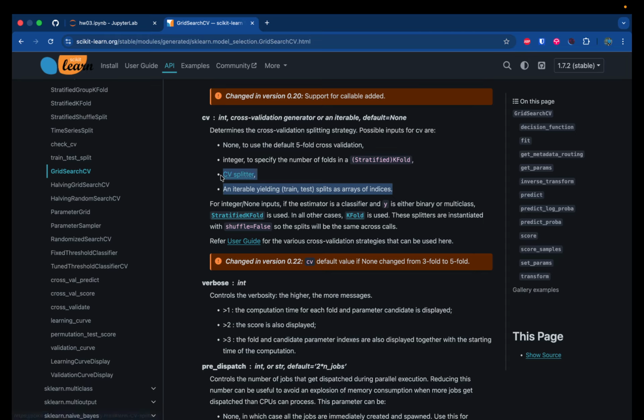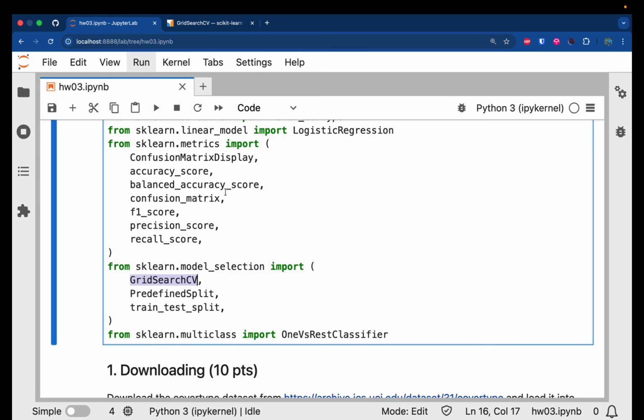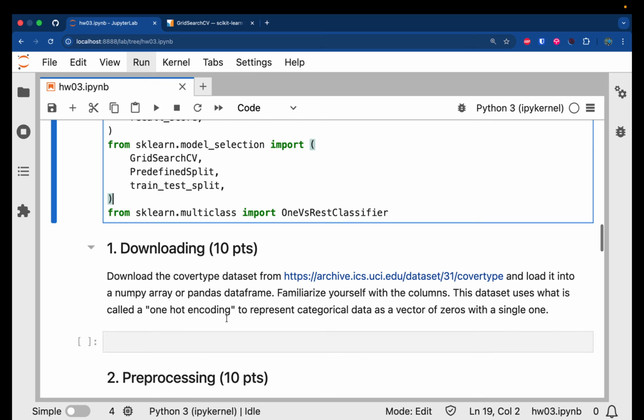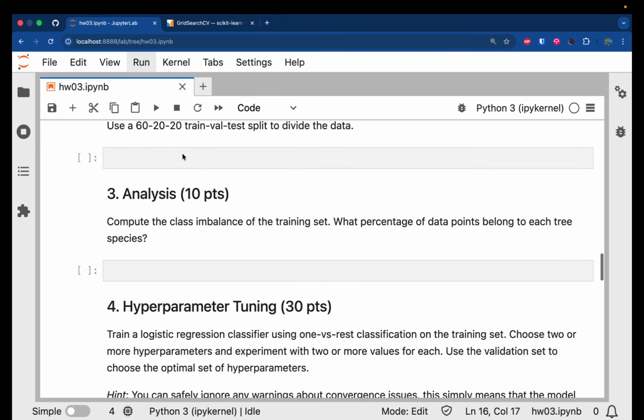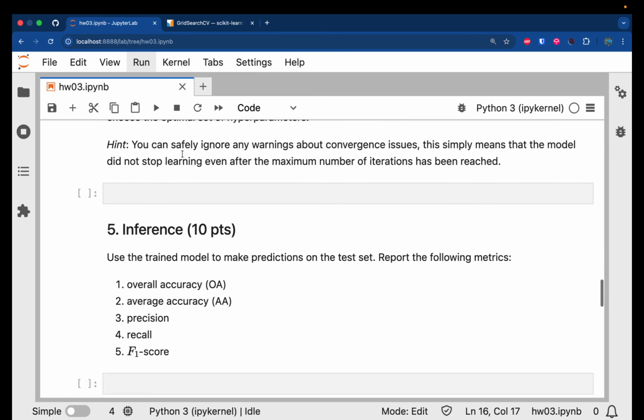Either of these two things will let you have a predefined train and a predefined validation without doing this k-fold thing. You can use something like this, or there's a bunch of other ways to get this. But I'm hoping this semester more people will figure this out. It's really, really important to understand what's going on behind the scenes. Otherwise, you report an accuracy and you have no idea how you got that and no idea what that means as a result. So be very careful with that, but the rest of the homework should be relatively simple.